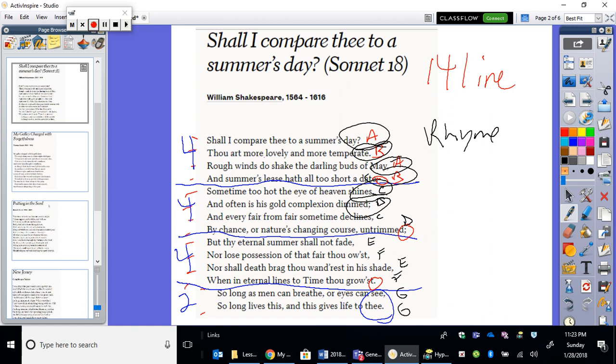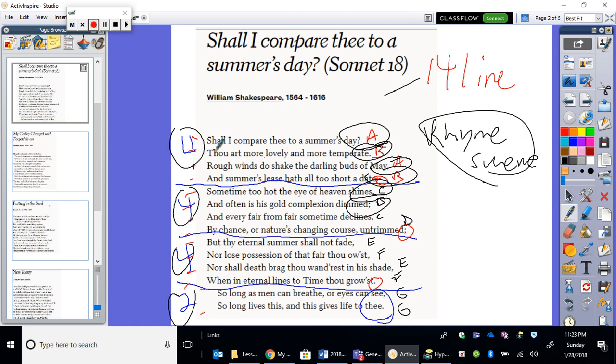So we knew it was a Shakespearean sonnet because it's 14 lines. It has a tight rhyme scheme. It's got the quatrains and then the couplet. And the other thing that we noticed is that it had iambs. Shall I compare thee to a summer's day?